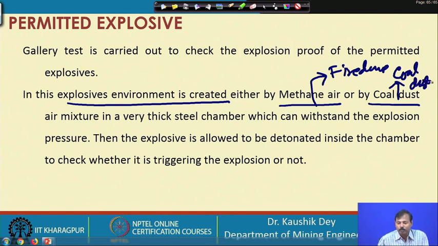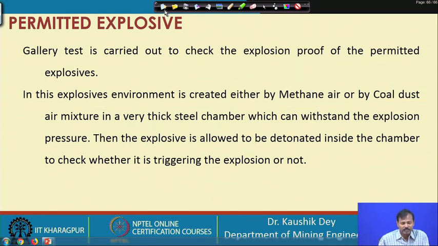Then we initiate the explosive subjected to that environment and see whether the quenching material is sufficiently able to quench the heat of the flame, so that no explosion occurs to the environment. That means no firedamp explosion and no coal dust explosion occurs. This is basically the gallery test carried out to give certification to the permitted 1, permitted 2, permitted 3 and permitted 5 explosives.